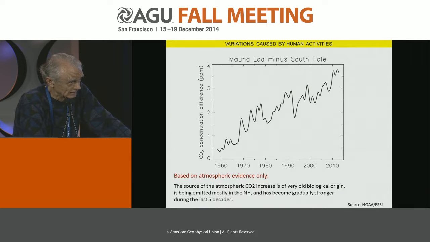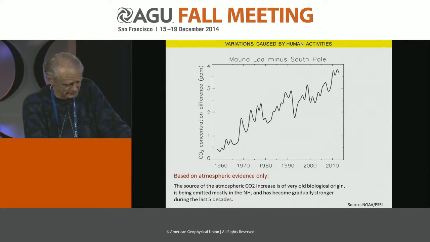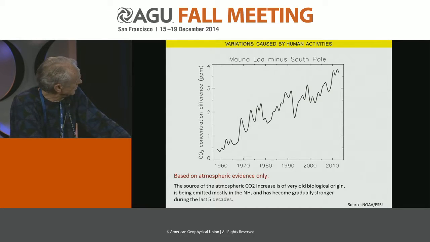And it's always higher in the northern hemisphere. So this is consistent with a source that is primarily in the northern hemisphere and has increased in magnitude roughly fourfold over the last decades. What could that be?